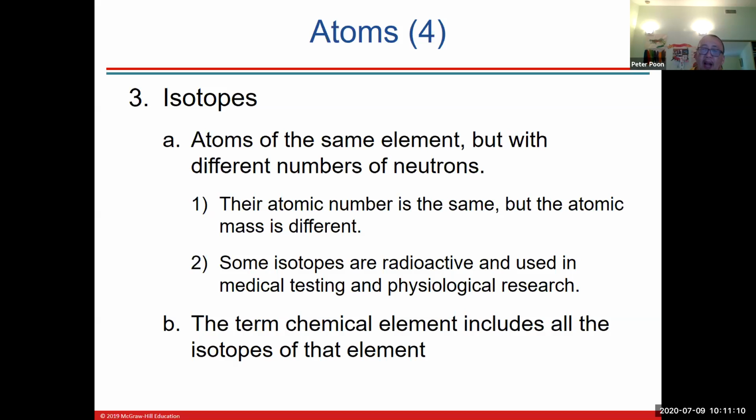Adding and subtracting neutrons can make a nucleus fall apart, and so these isotopes are radioactive. Radioactive elements can be used in medical testing and physiological research, in addition to making nuclear weapons and all that lovely stuff.